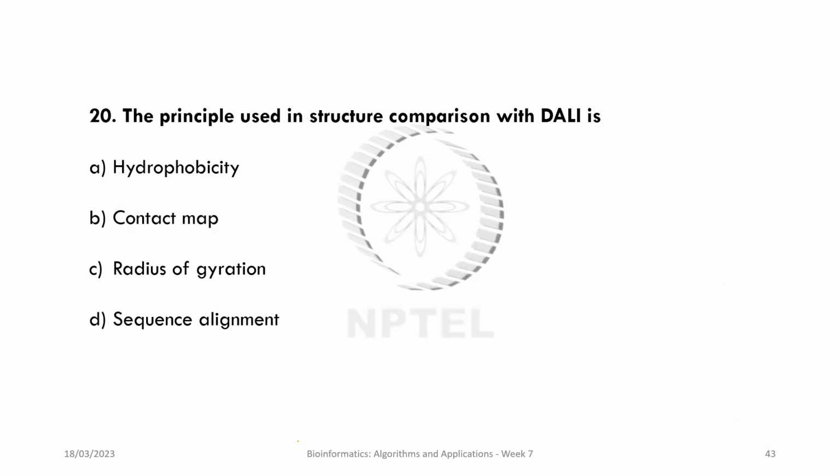Question 20. The principle used in structure comparison with DALI server is hydrophobicity, contact map, radius of variation, and sequence alignment. Vijendra says B. Others?